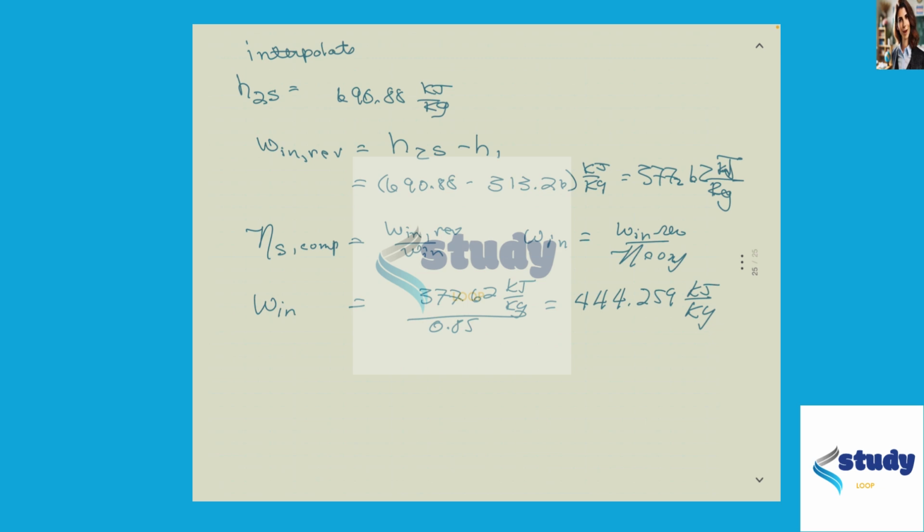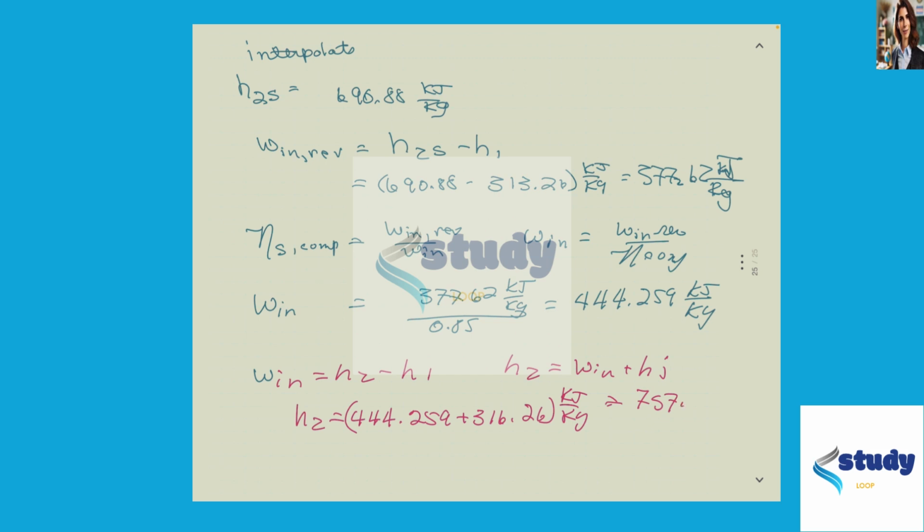Then at point 2, I'm going to switch colors here. We're going to get the energy balance: W in will equal H2 minus H1. So H2 will equal W in plus H1. This will equal 444.259 plus 316.26 kilojoules per kilogram. This will equal 757.519 kilojoules per kilogram.